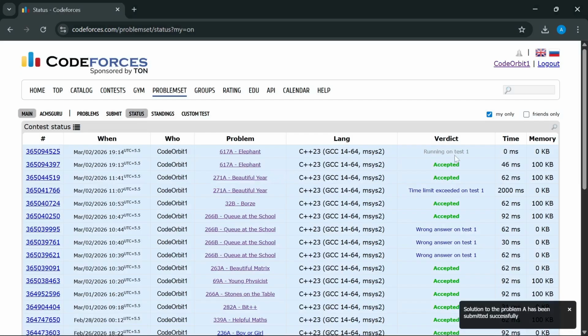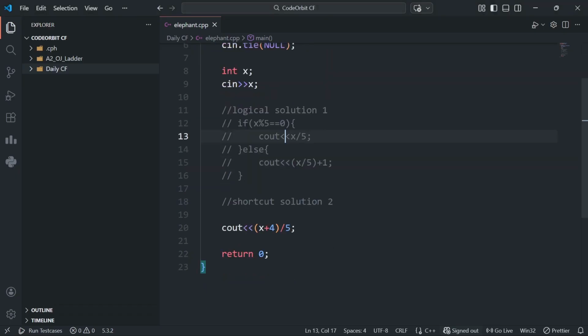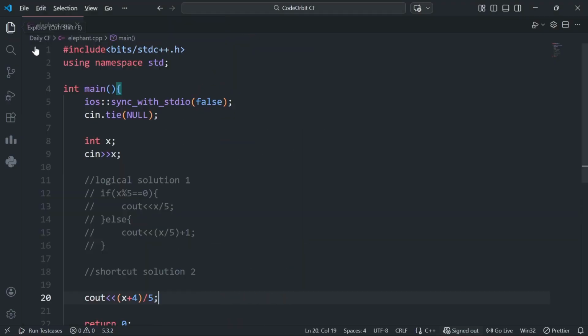Now this approach is called the greedy approach, guys, where you just focus on the solution regardless of anything else. And yeah, this solution will also be accepted, and it's running. Okay. Yeah, you guys can see both the solutions, the time and memory are the same. So yeah, you can either submit the first logical one or you can submit this short one line method.